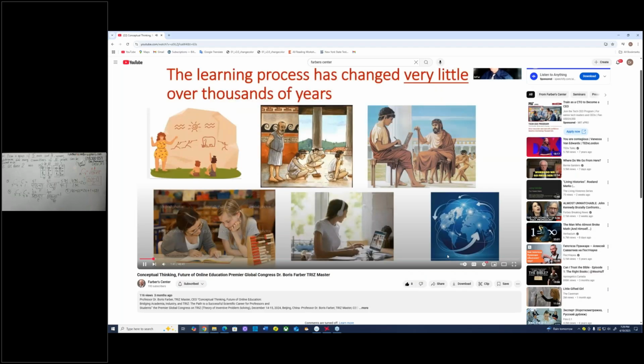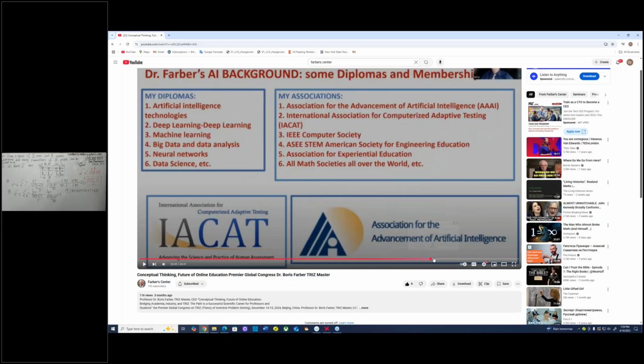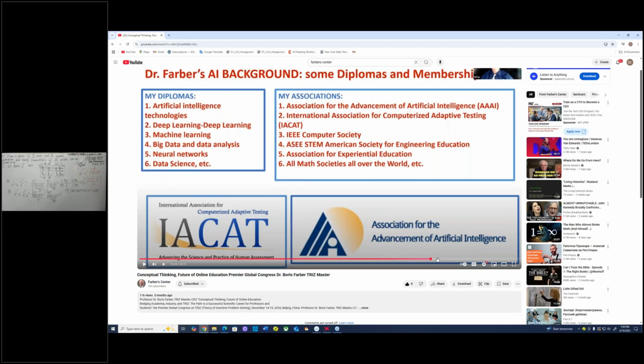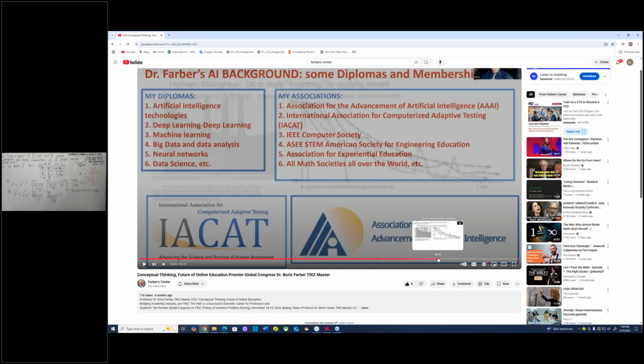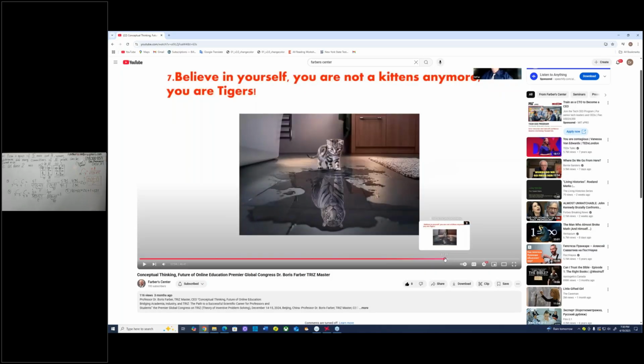I want to show one diagram here. This diagram is about this presentation about the future of online education. But here we have some graph.